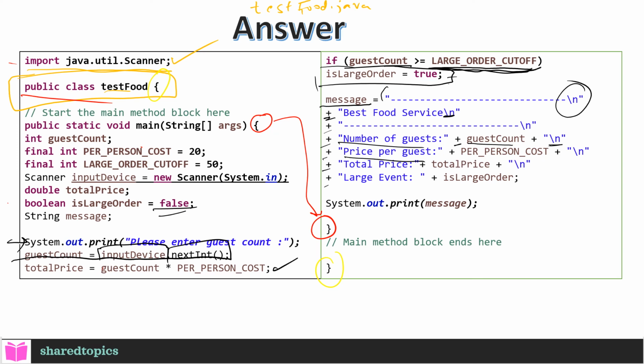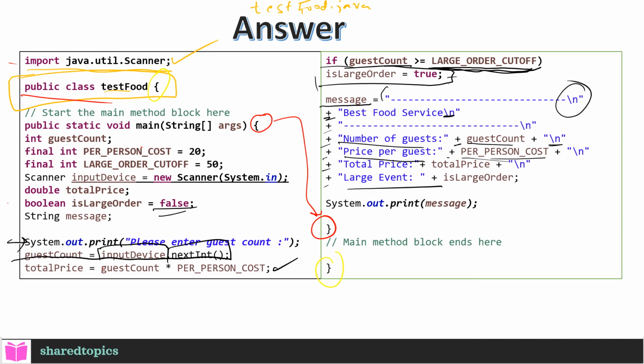Then you write the same way, price per guest plus price per person cost. That's again a constant. You don't put a constant, or anything that has meaning in the program, in double quotes. In double quotes you only write literals or special characters like slash n. Then total price plus total price.